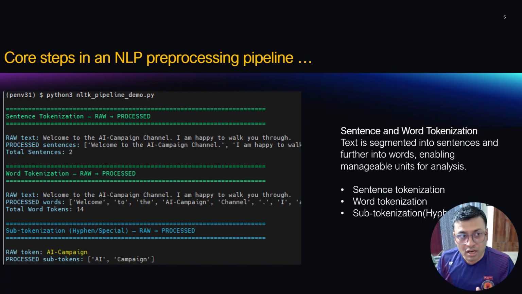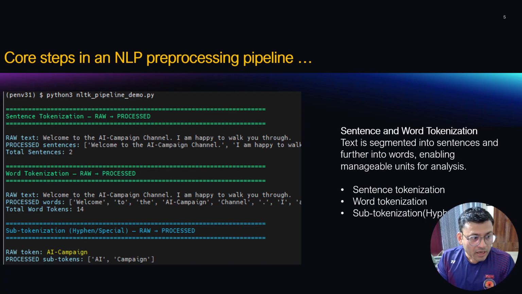Word tokenization allows us to analyze text at the word level, which is essential for almost every NLP technique. NLTK's word tokenizer is smart enough to handle punctuation, contractions, and special characters like hyphens. It has broken each sentence into words, and each word becomes a token in this process.